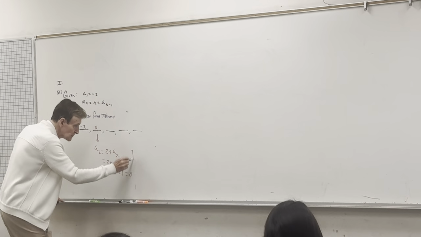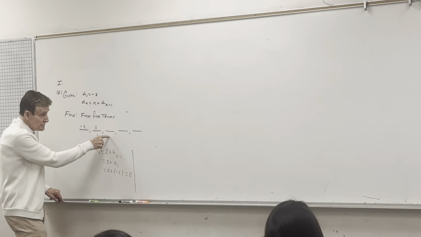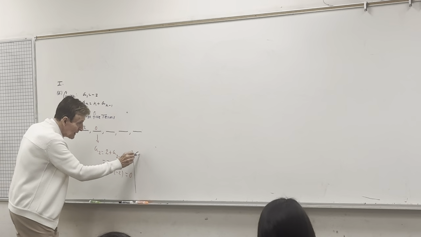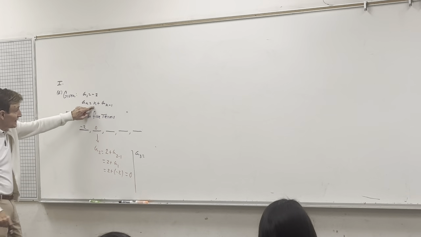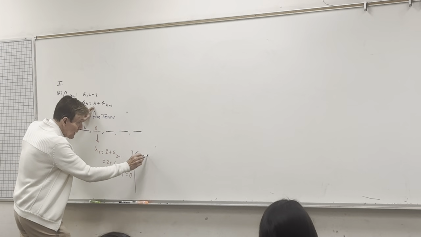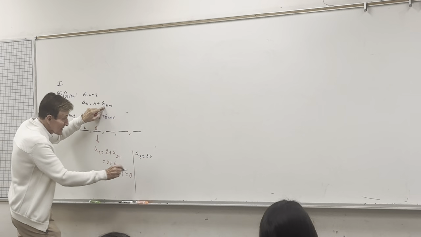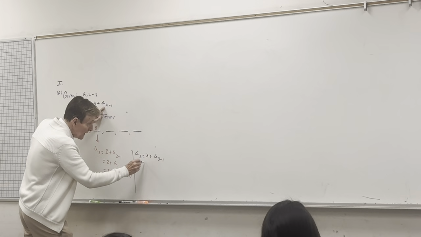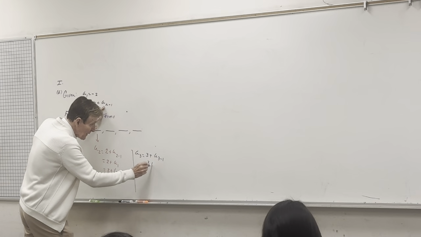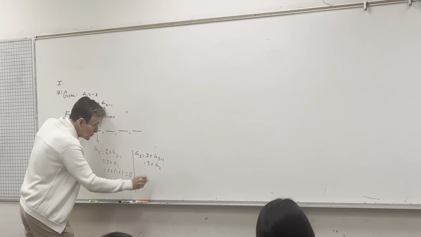I'm going to space here, guys, move it on the side. Look for this term right here, A subscript 3. Thank goodness the formula's been given to me. Here it is: n, in my case 3, plus A subscript n minus 1, 3 subtract 1. Comes out to be 3 plus A subscript 2.